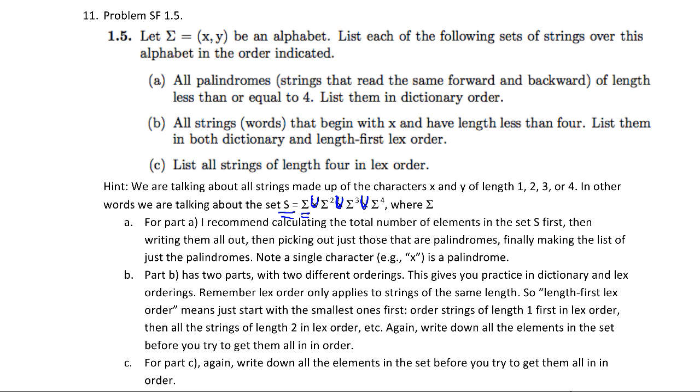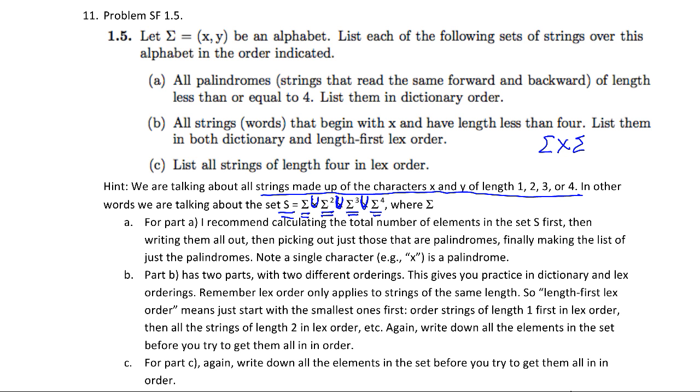And so if we're talking about all strings up to 4 characters of length 1, 2, 3, or 4, it's sigma, those that are of length 1, sigma squared, those that are of length 2, sigma cross sigma. Don't be worried by the fact that it's a sigma. It's just a character. Sigma cubed is those of length 3, and sigma to the fourth is those of length 4. Okay?